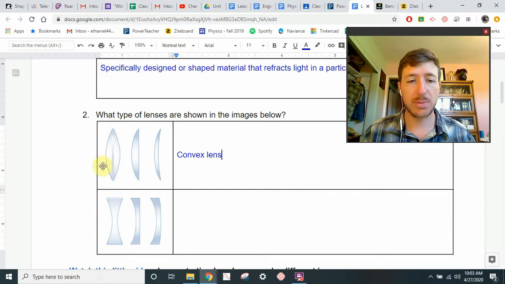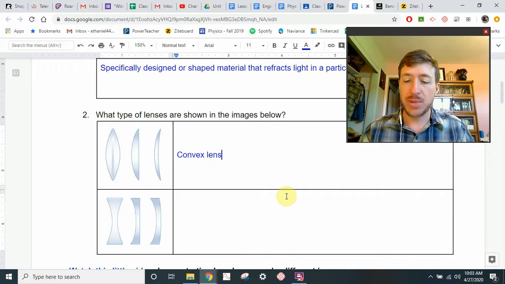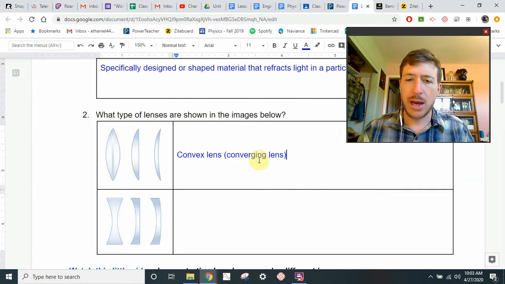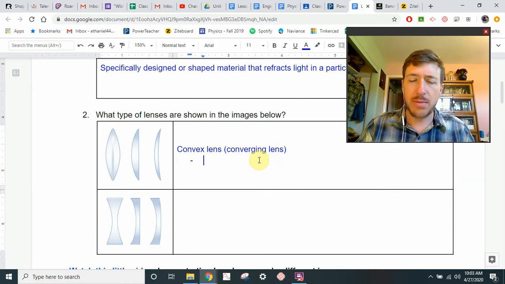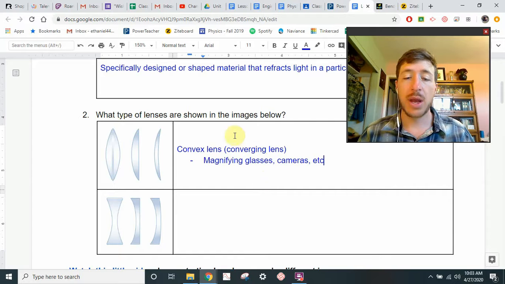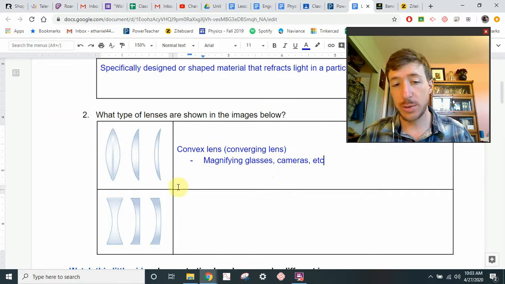But this is also known as a converging lens, and we'll talk about why that is in a second. These are used in magnifying glasses, cameras, etc. And that's because these can be used to make either real or virtual images.